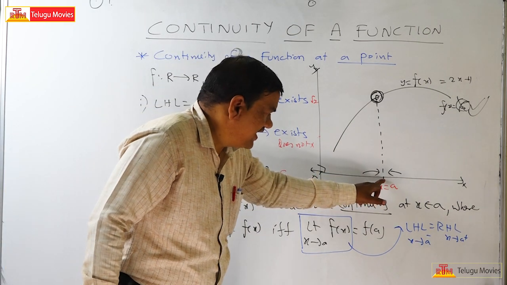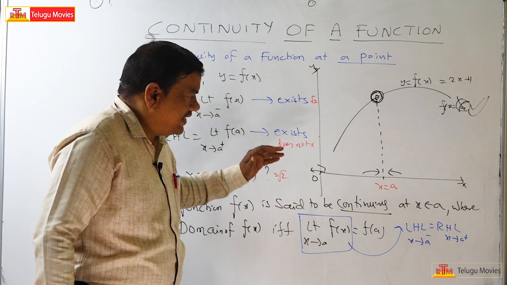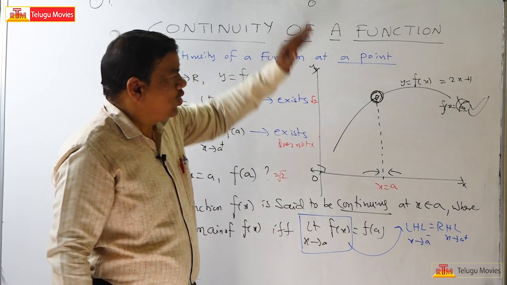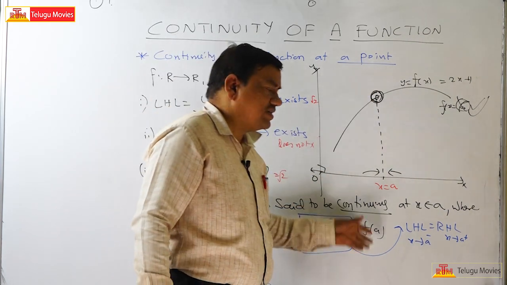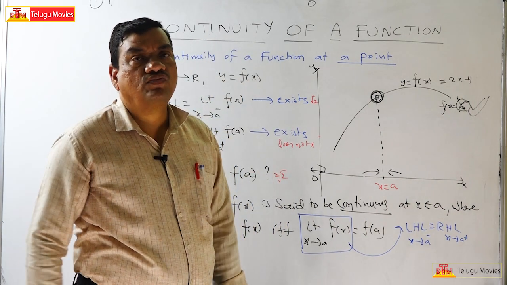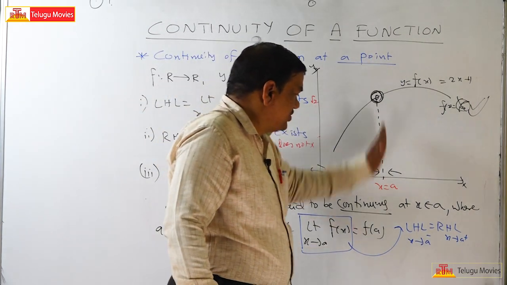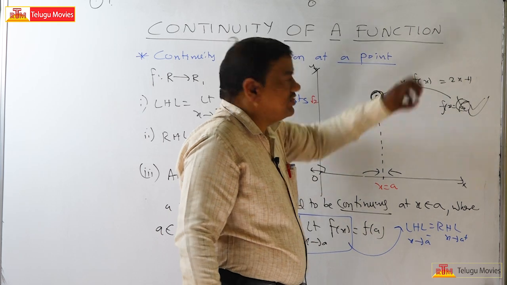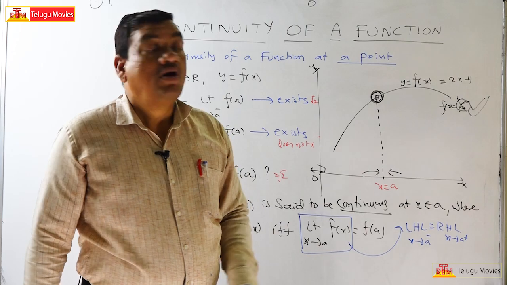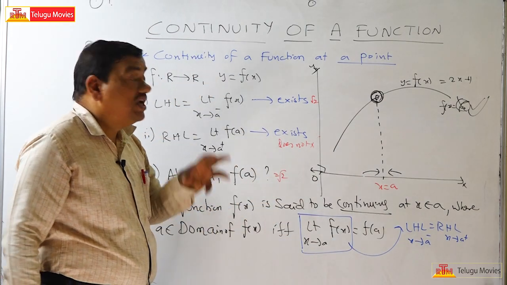If you want to check at x is equal to a, you attack the function from the left side and the right side and go up or down. Of course, not always up. Sometimes if the function is below the x-axis, you have to come down. You straight away attack the function. All these 3 values should be equal.